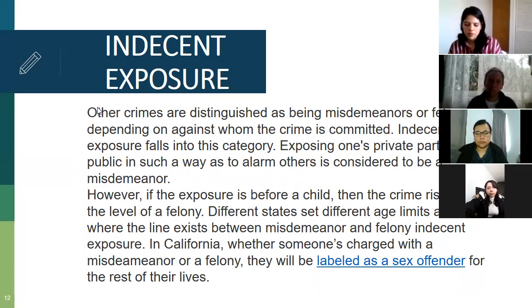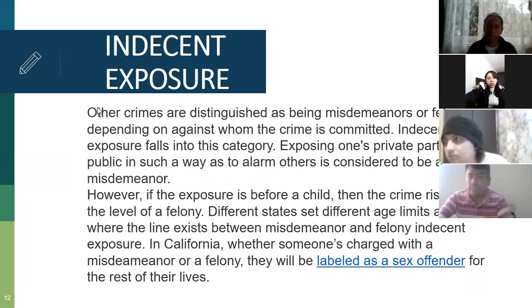Anna, can you read again, please, about indecent exposure? Yes, mister. Other crimes are distinguished as being misdemeanors or felonies, depending on against whom the crime is committed. Indecent exposure falls into this category. Exposing one's private parts in public in such a way as to alarm others is considered to be a misdemeanor.